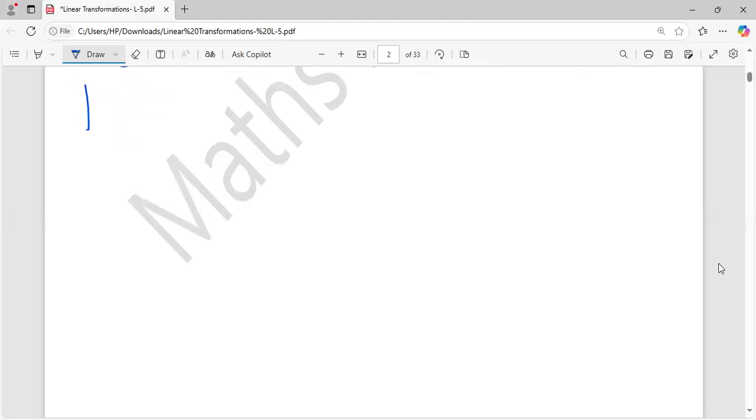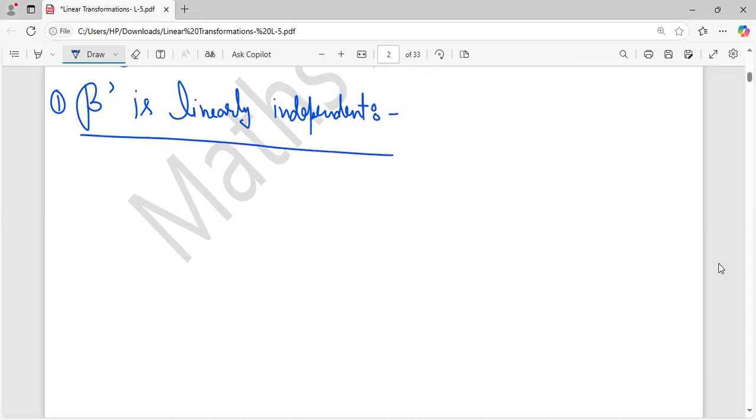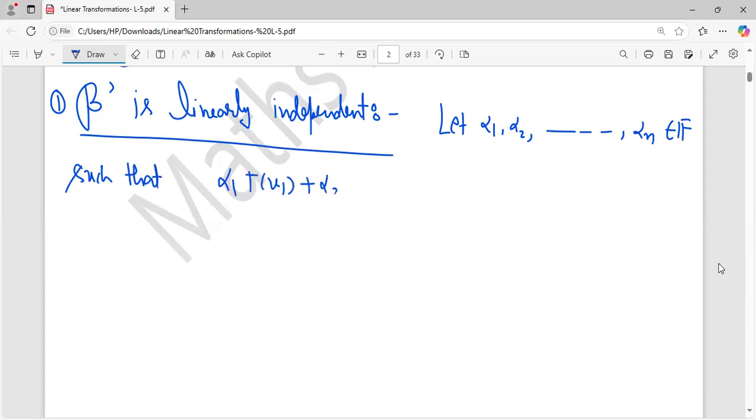Now B dash is linearly independent. Let alpha 1, alpha 2, up to alpha n belong to the field such that alpha 1 Tv1 plus alpha 2 Tv2 plus up to alpha n Tvn is equal to 0.